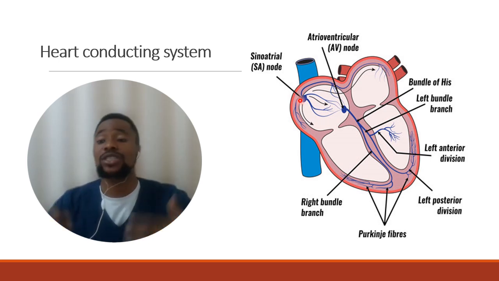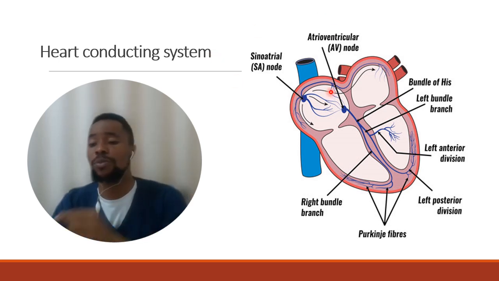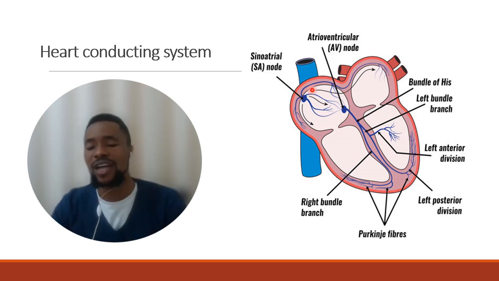It generates impulses itself, but the one that generates them faster is the SA node, because other cells make use of sodium influx to generate impulses, but the SA node makes use of calcium influx, so it generates impulses faster, about 60 to 100 times in a minute at rest.